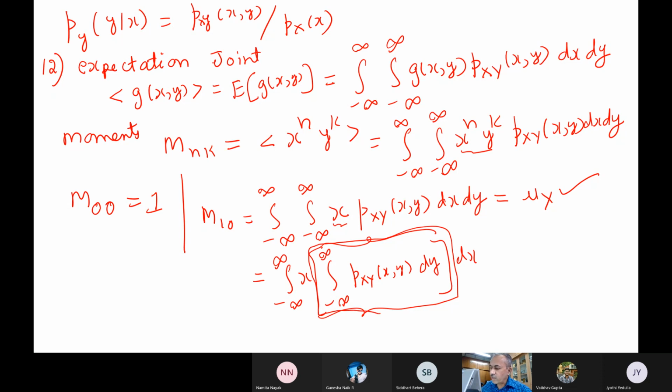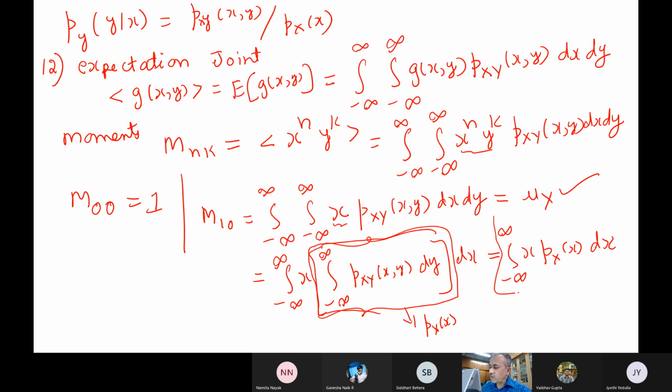If I integrate my two-dimensional function across y, it will be px, the marginal density. So this will simply be x into px of x.